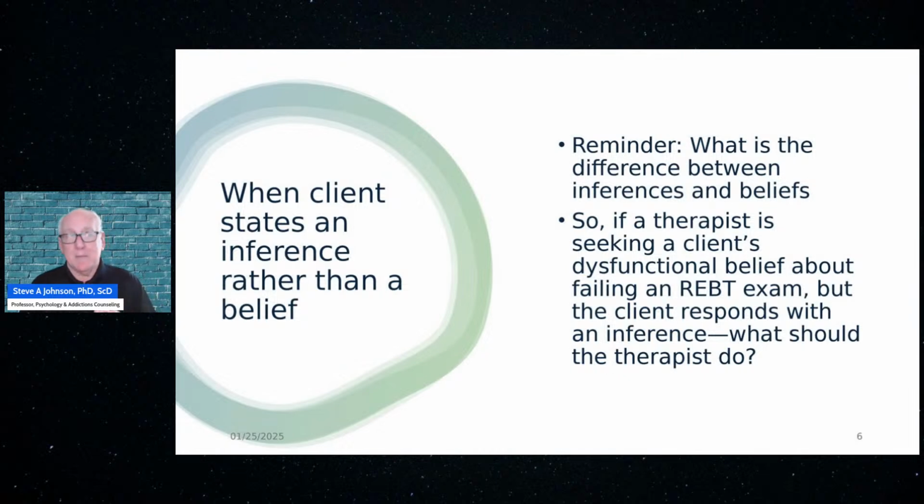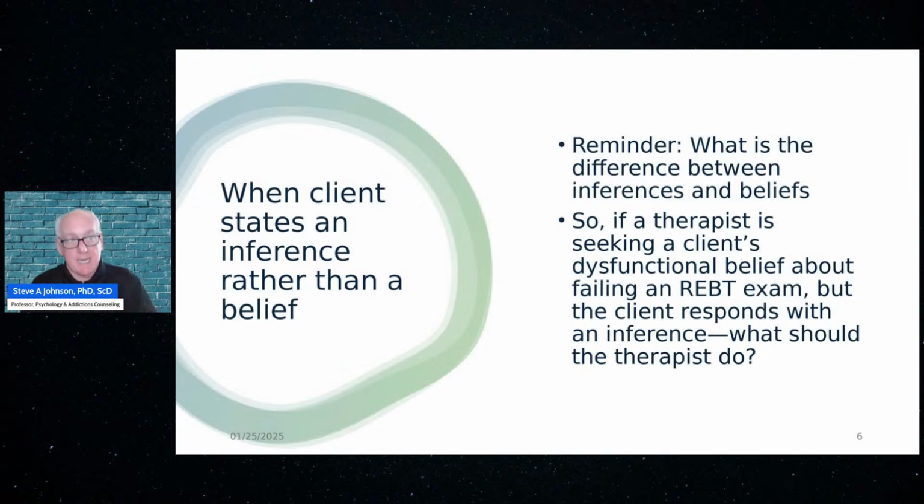And they may give you an inference. Well, we need a belief. The inference is helpful, because the inference will tell us what meaning they're giving to the situation. And in the next episode, episode 3, I'm going to be talking about what we do with those inferences. They're important because those are the meaning that we give to the world, and people can give very negative meaning that is highly dysfunctional.